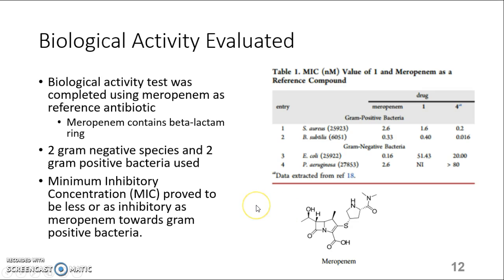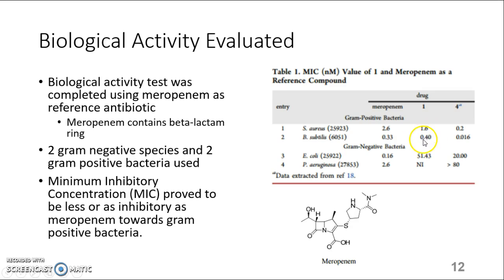And they concluded that the tixobactin analog was not significantly better, but it proved to be better in that it required less concentration than the meropenem to inhibit the Staph aureus species, and it required a little bit more concentration than meropenem for the other.